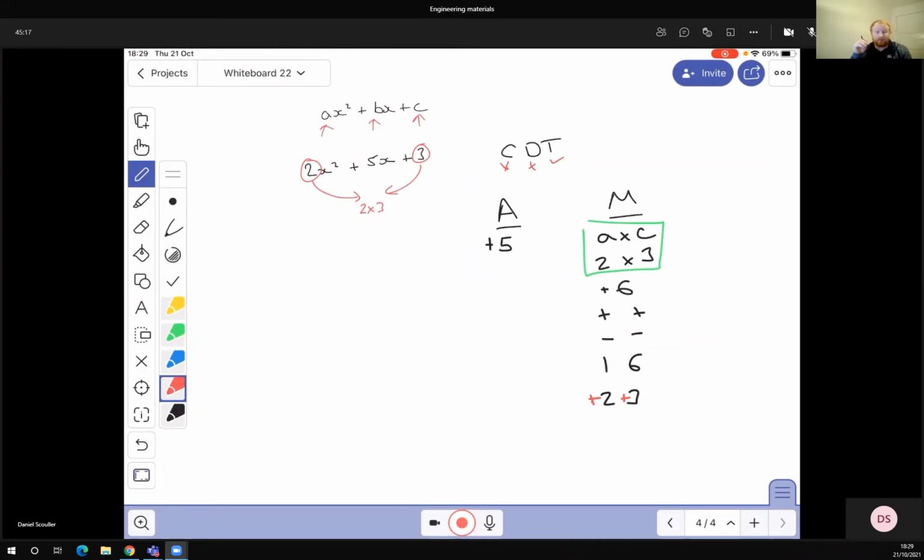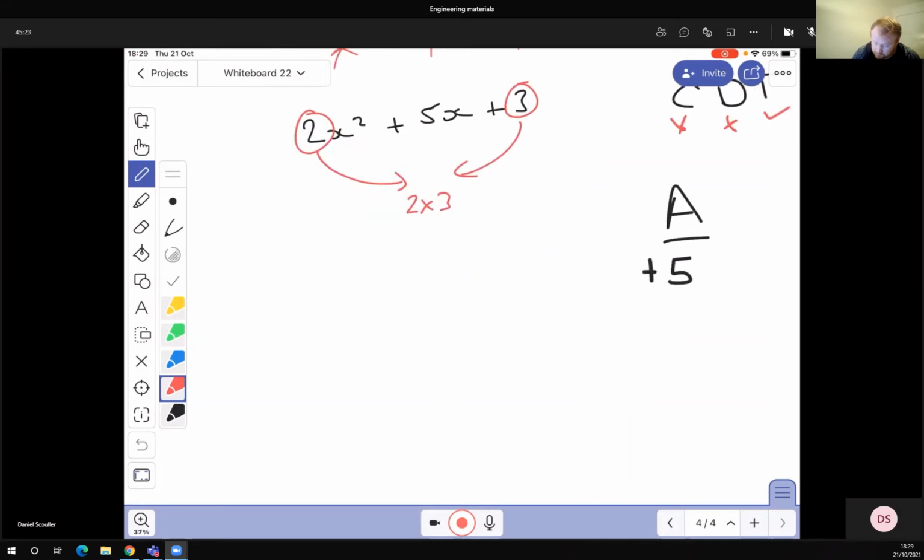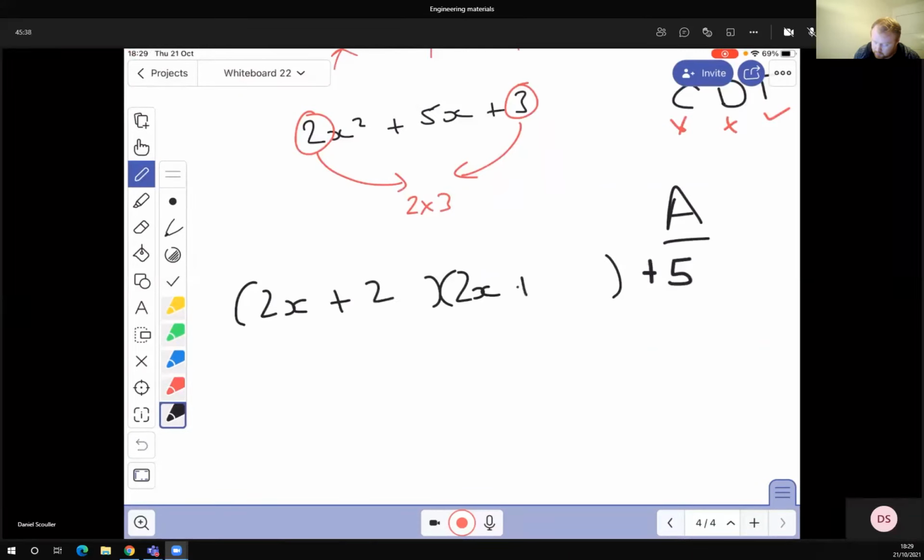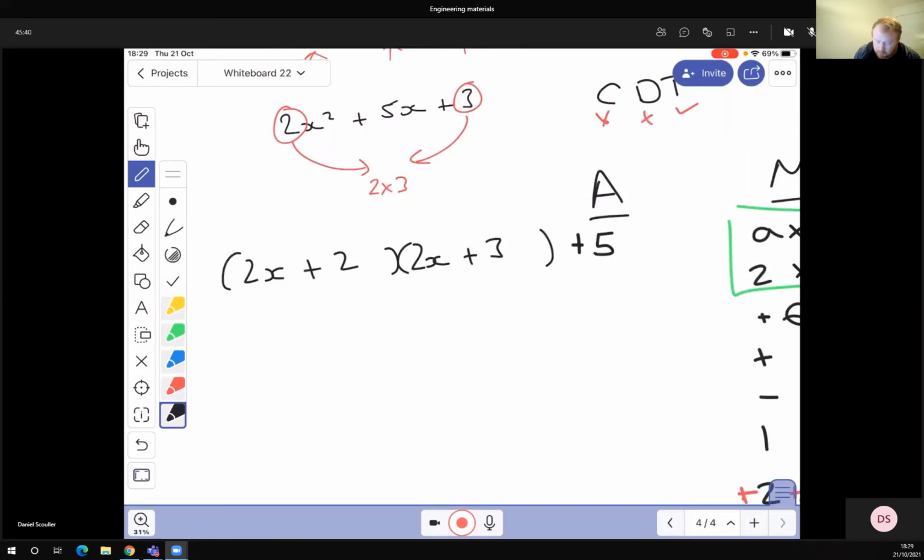We need to deal with this 2x. So the best way to do it is we start our brackets with 2x and 2x. We're putting in our factors, which is plus 2 and plus 3.